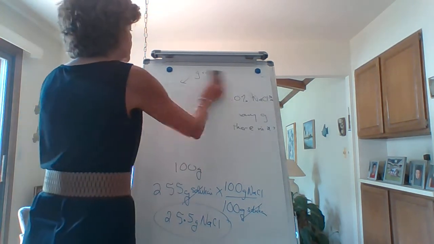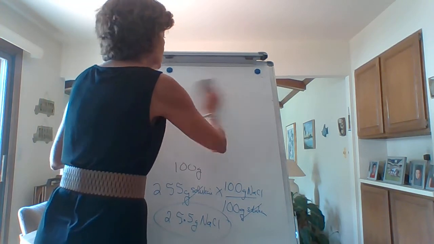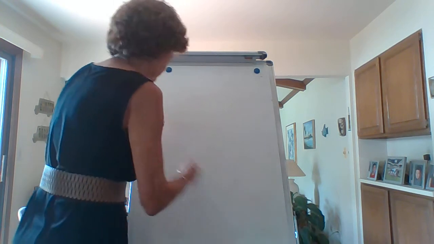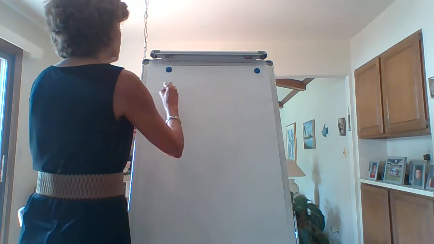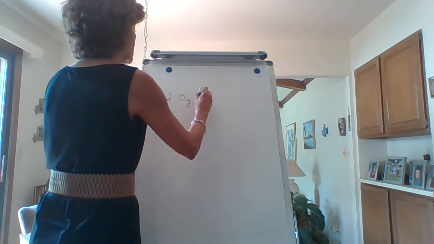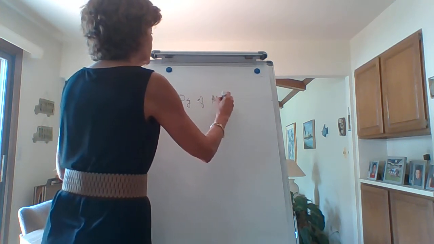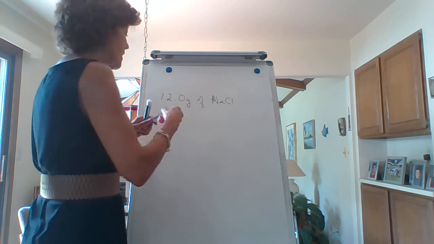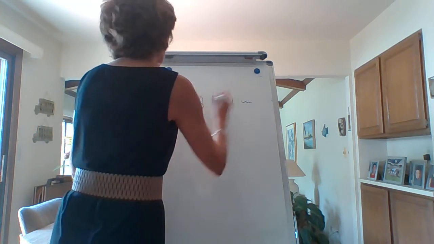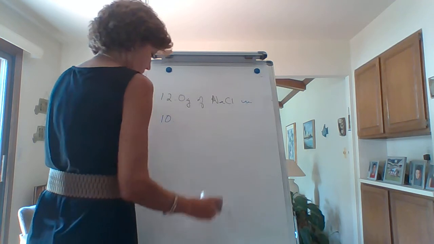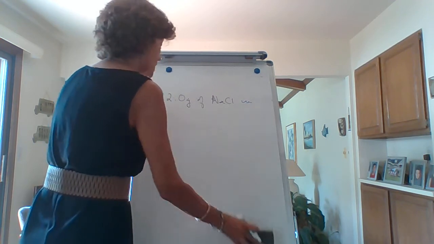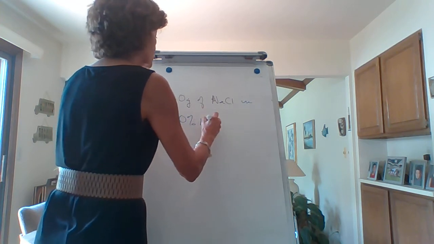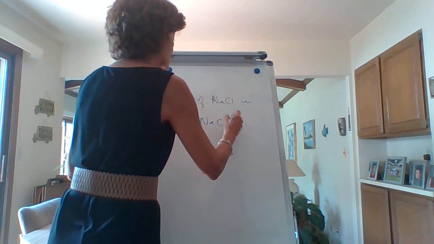Let's say I told you that you've got 12 grams of sodium chloride, and you've created a, let's make it a bit more difficult, 15% sodium chloride aqueous solution.